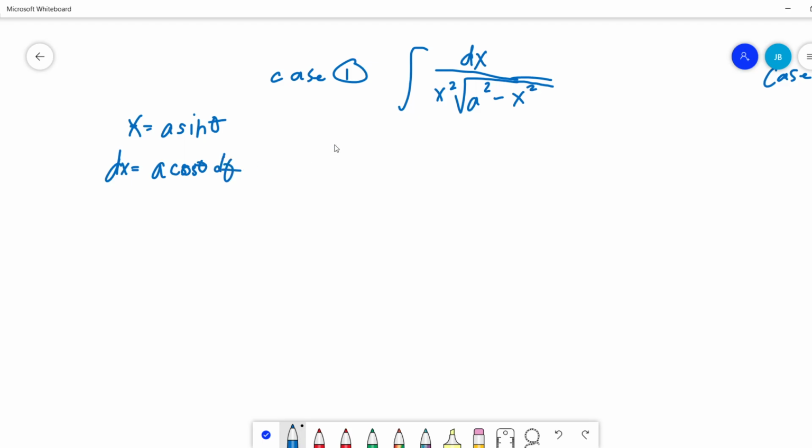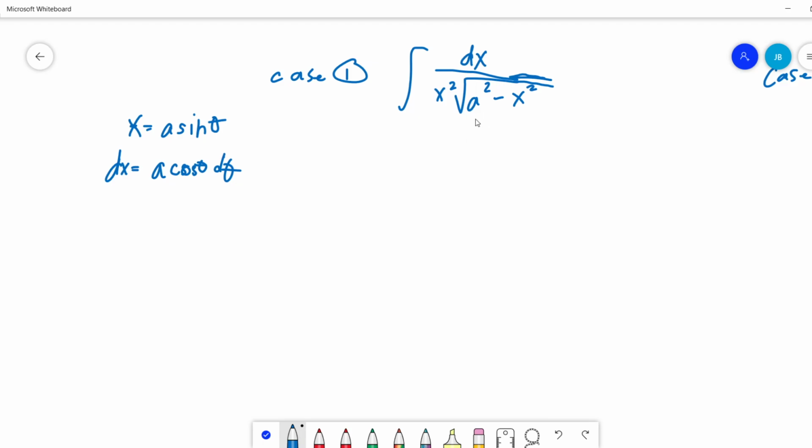Okay, so we have to simplify what is inside the integrand. You have dx as a cosine theta d theta. Your x squared, you are going to square this one, so that would be a squared sine squared theta.